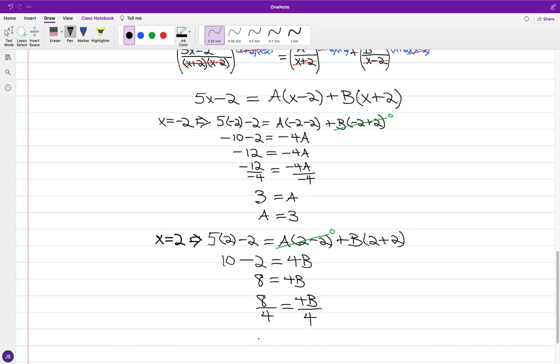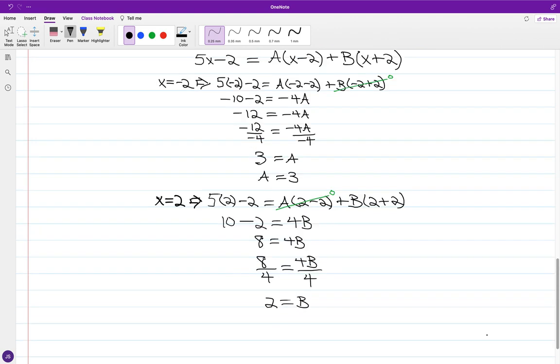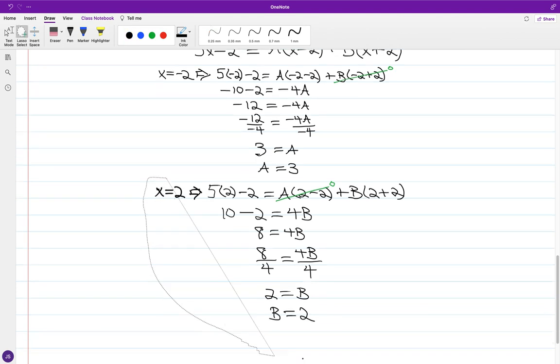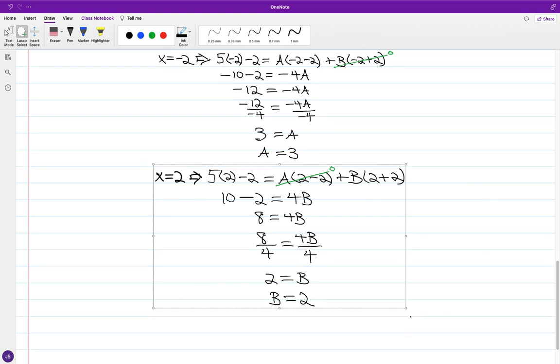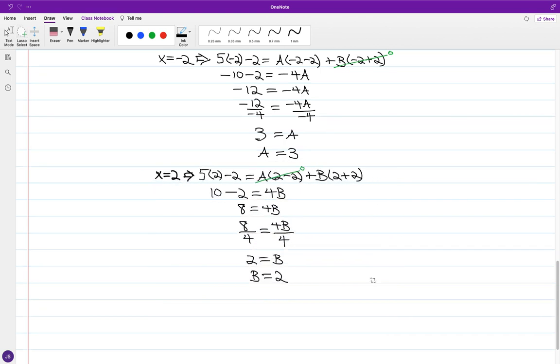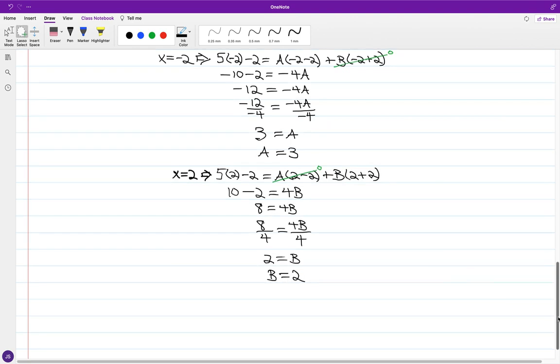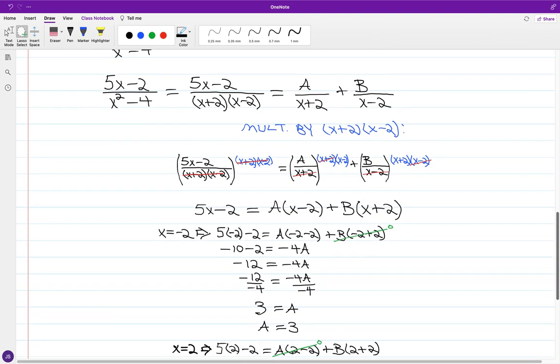And with division by 4, it turns out that the value of b ends up at 2. So we have a at 3 and b at 2.